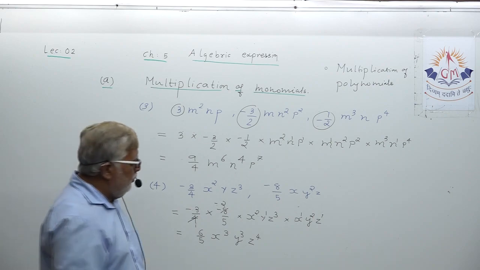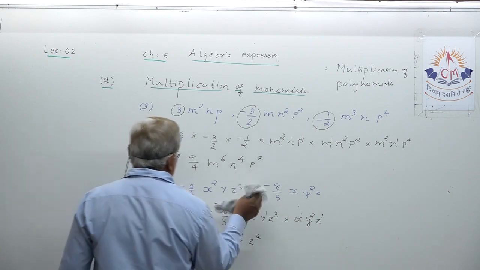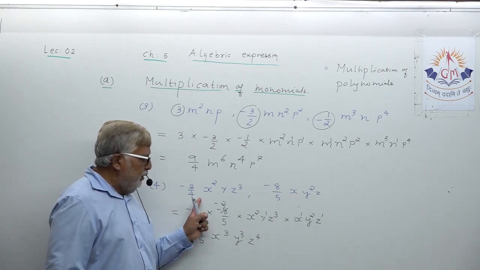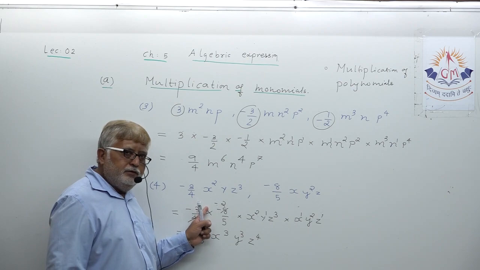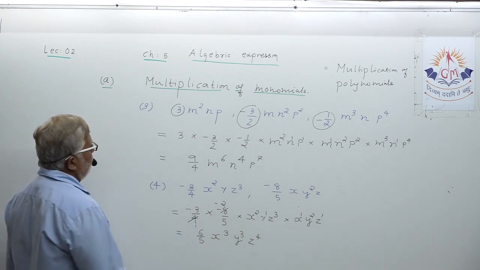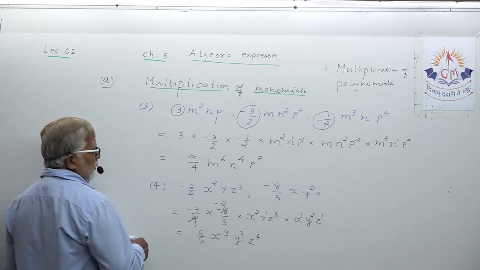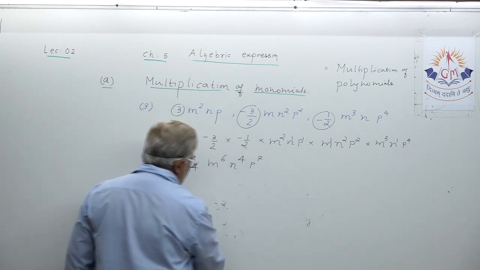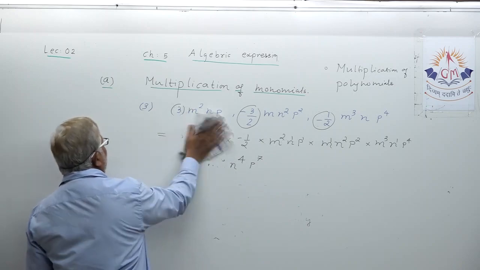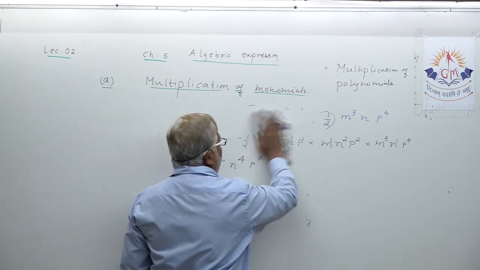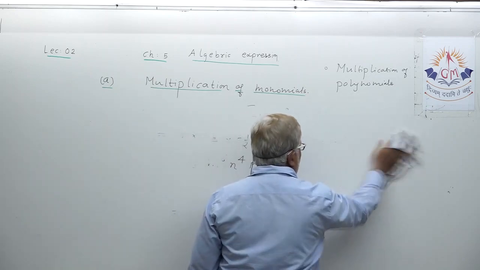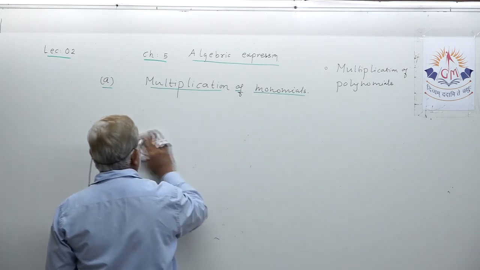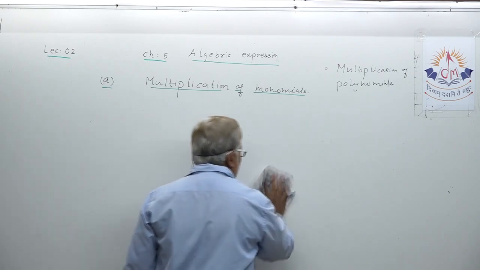Let me take one more example myself to make your concept clearer, but before that you need to understand this properly. Okay, is it clear? Let me take one more example for you. Example number 5, in particular today's topic of multiplication of monomial by monomial.